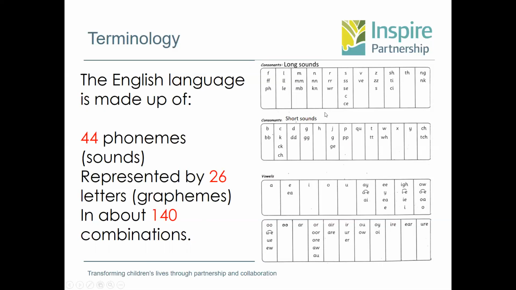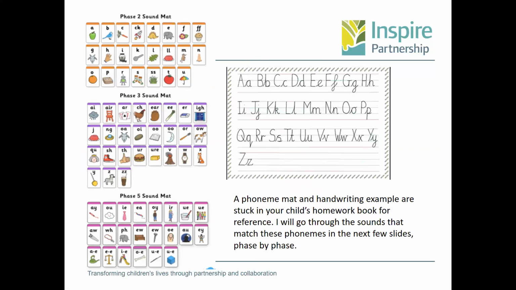These sorts of spelling patterns are taught much later in year 2 and beyond, but as we go along and as we teach words and they crop up, we do refer to them and make a point of how they sound the same as the phonemes that we have learned. A phoneme mat such as this and a handwriting example such as this are stuck in your child's homework book for reference.